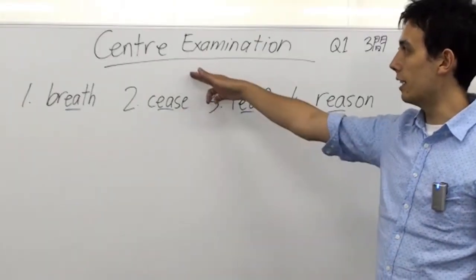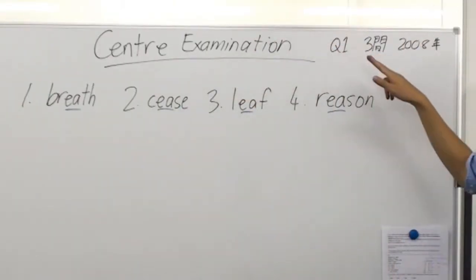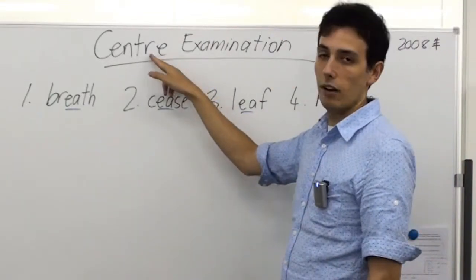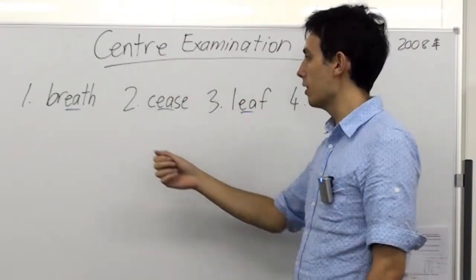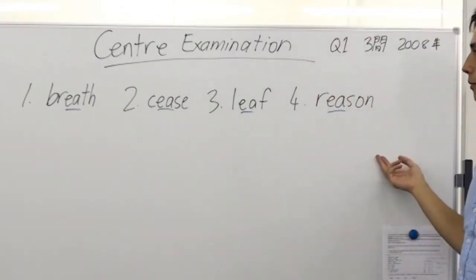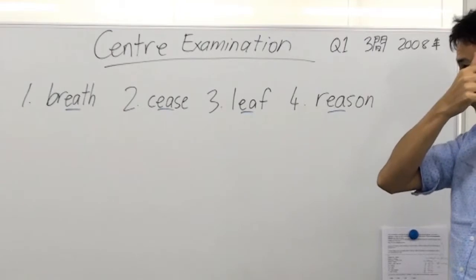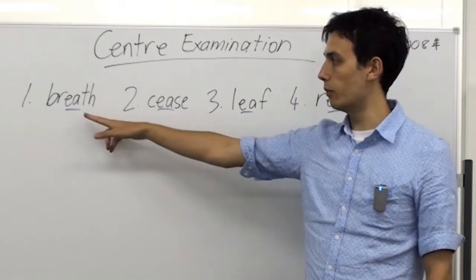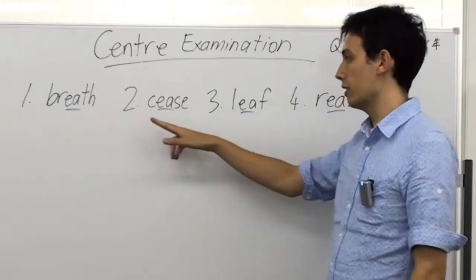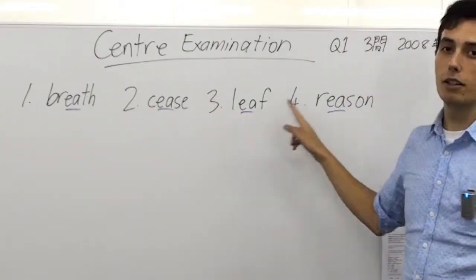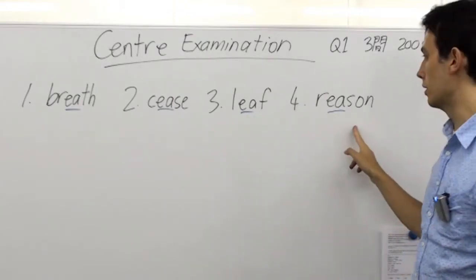Let's have a look at Center Examination, Question 1, problem 3 of the 2008 exam. Read through them yourself. See if you can find the answer. Let me read them for you now. 1, breath. 2, cease. 3, leaf. 4, reason.